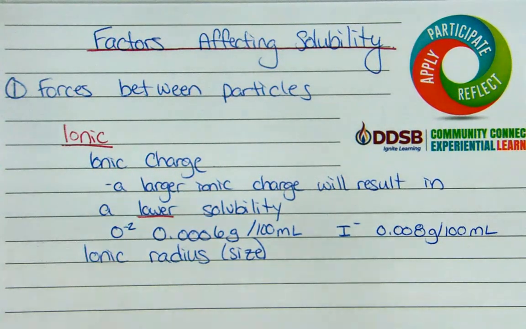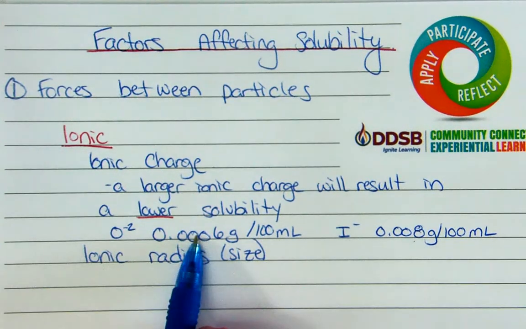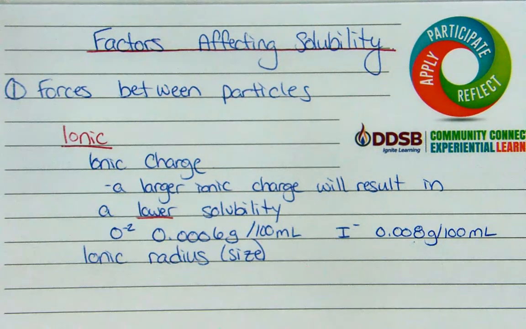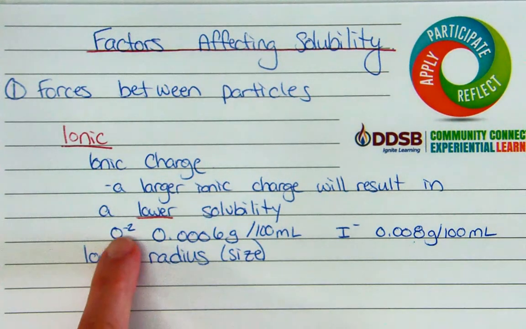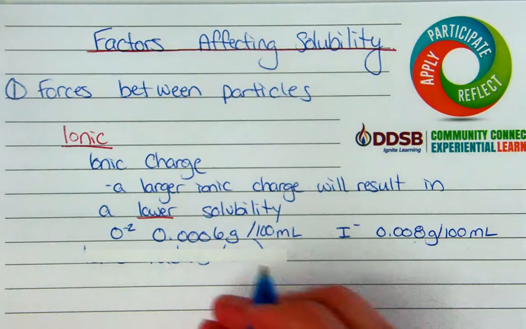All right, so looking at this, well, this is over 10 times more soluble than this ion. So when we're comparing two different ionic compounds, we need to look at what the ionic charges are. I'm just going to white this out and we'll do a couple examples together.